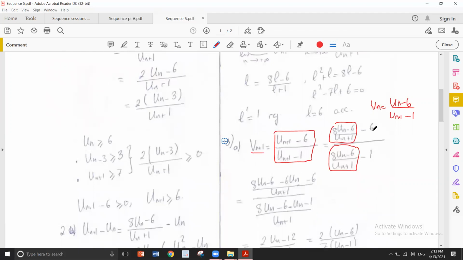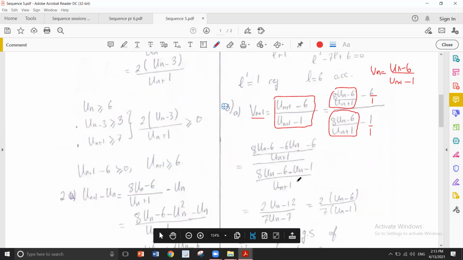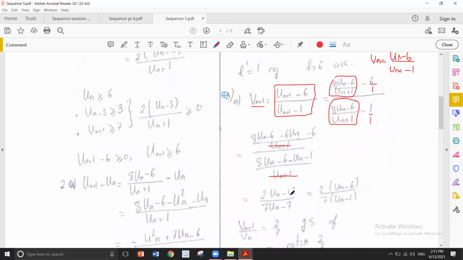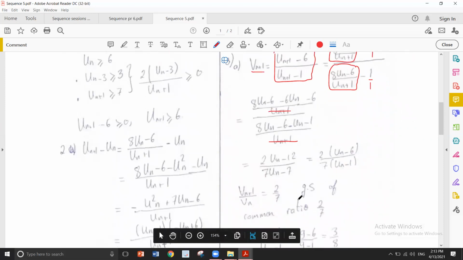We take the LCM here. The numerator becomes 8 Un minus 6 minus 6 Un minus 6, over 8 Un minus 6 minus Un minus 1. We get 2 Un minus 12 over 7 Un minus 7.